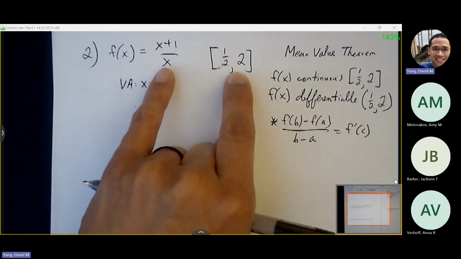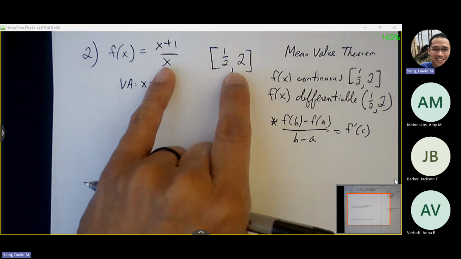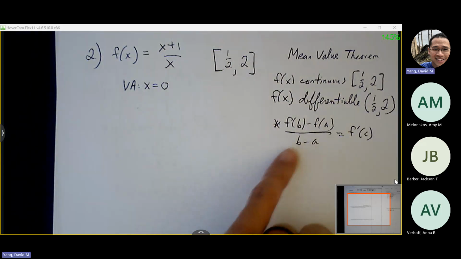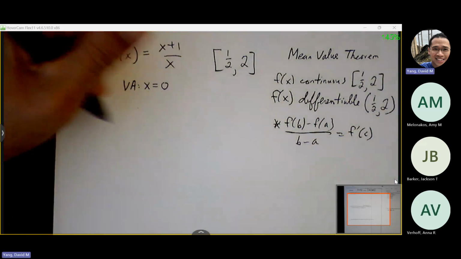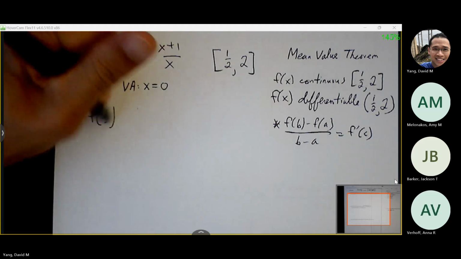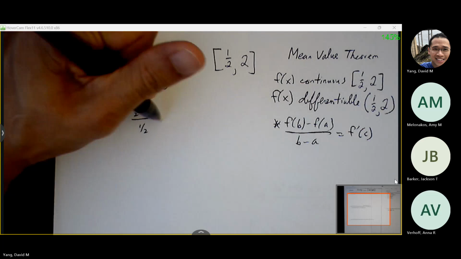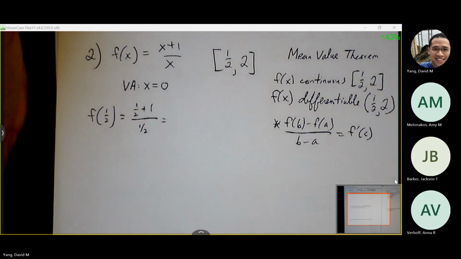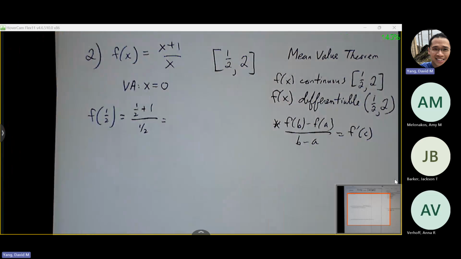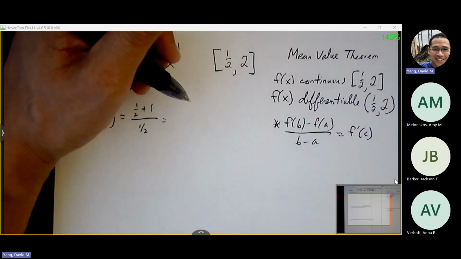So plug 1/2 and 2 into the function, get our y values, get our ordered pairs, and then find the slope between the endpoints. Use your calculator for this. So 3/2 times the reciprocal of 1/2 is 3/2 times 2, which gives us 3.